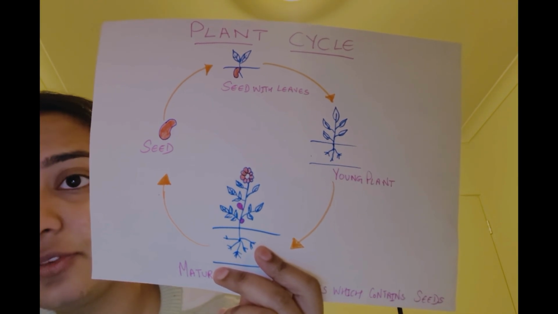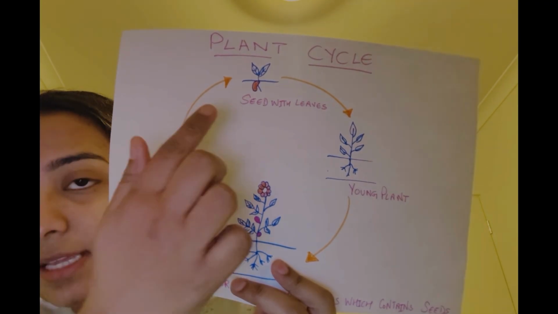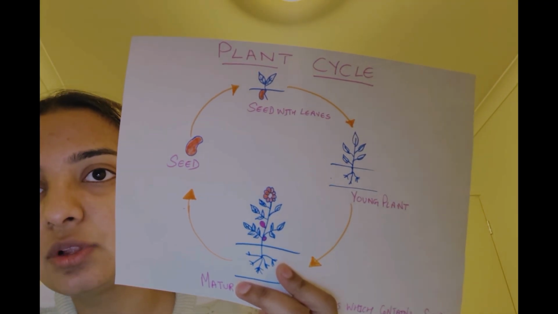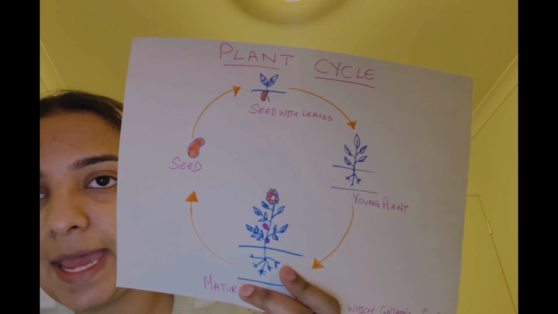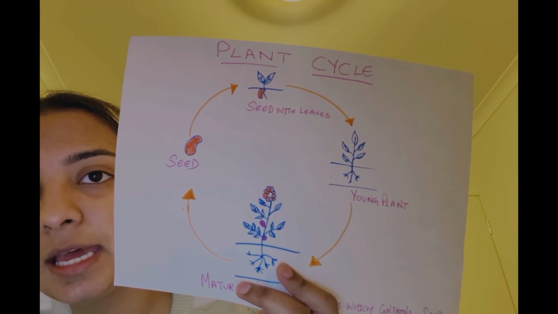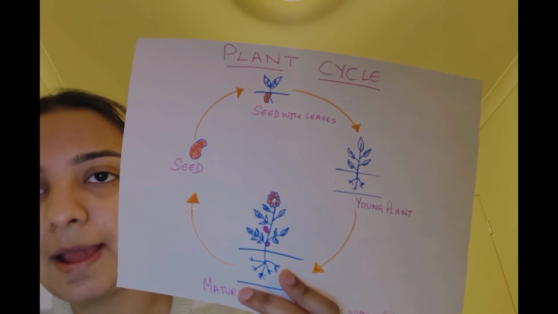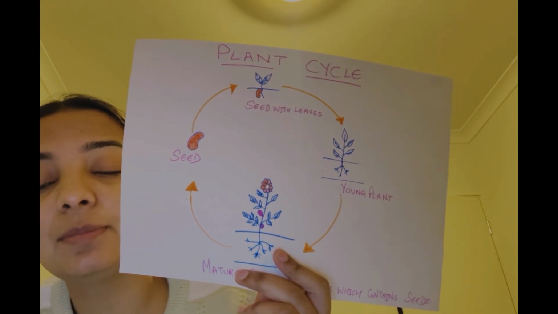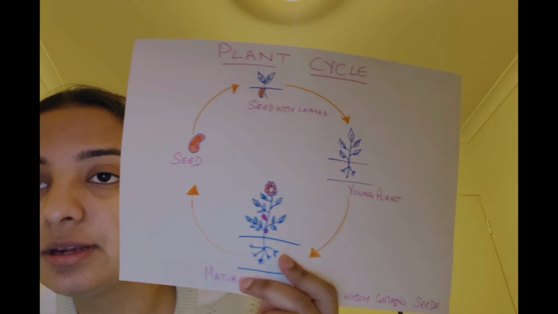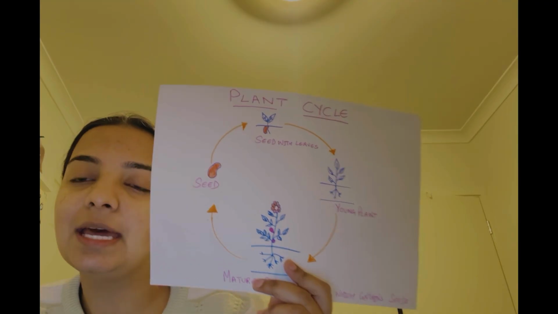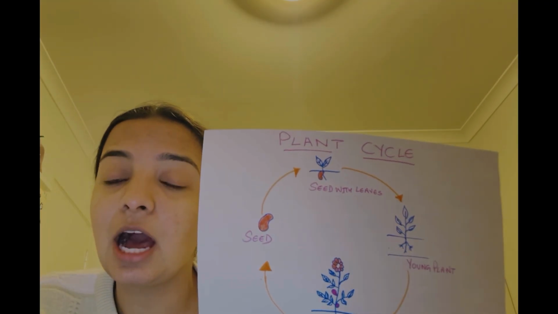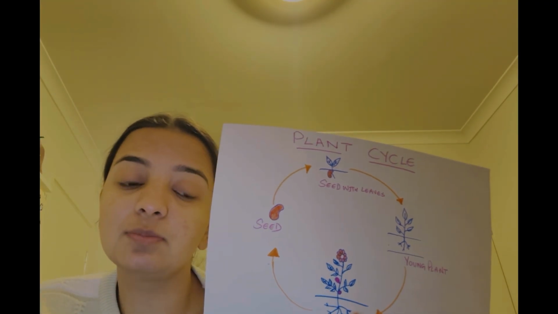So the children can really see the difference: in the very starting period there were only a few roots, after becoming a young plant they have more roots, and when they become a mature plant, they have even more roots.